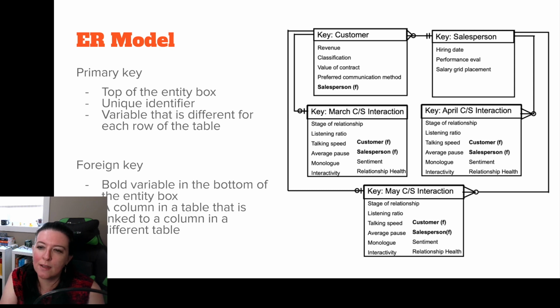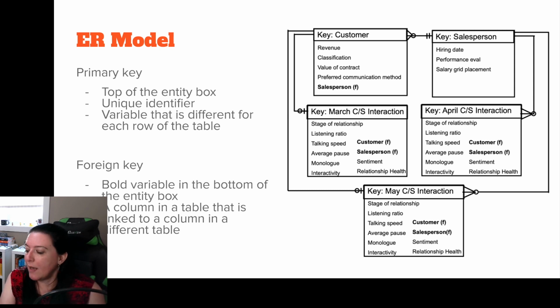There's not a unique customer because you could contact the customer multiple times. There's not a unique salesperson because a salesperson has multiple customers. The stage of relationships might be the same with different combinations. So we actually have to create a primary key here that is a combination of customer and salesperson.